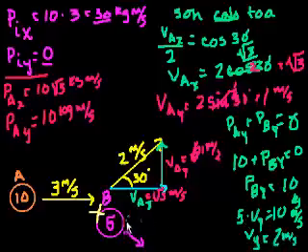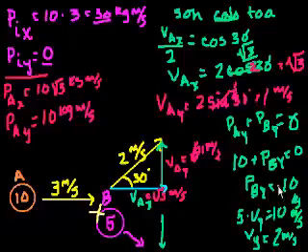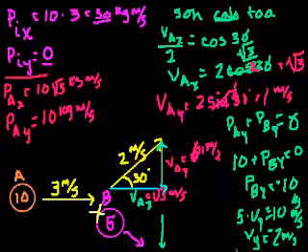We figured out B's velocity in the y direction, and this is a minus, because it's going down. A had a velocity of positive 1 going up, and then the minus is carried through, and this is a velocity of minus 2 meters per second for B in the y direction.